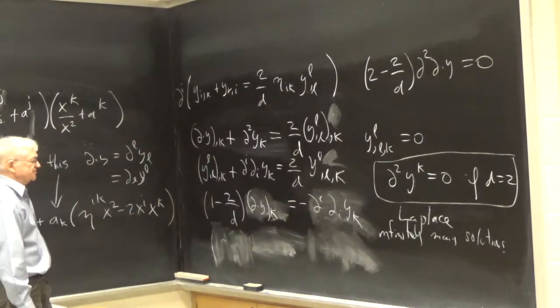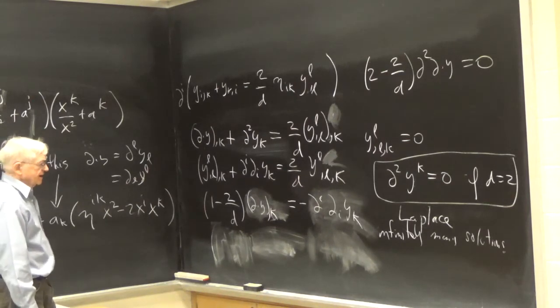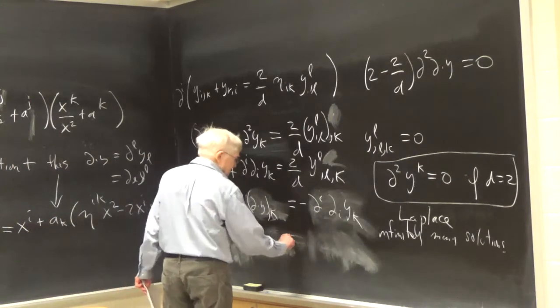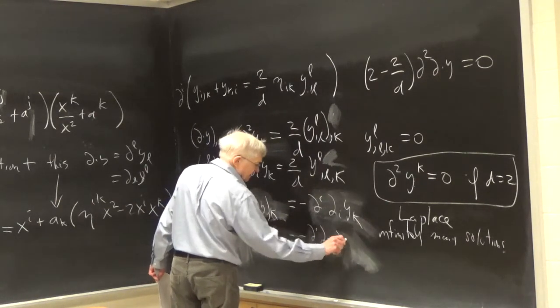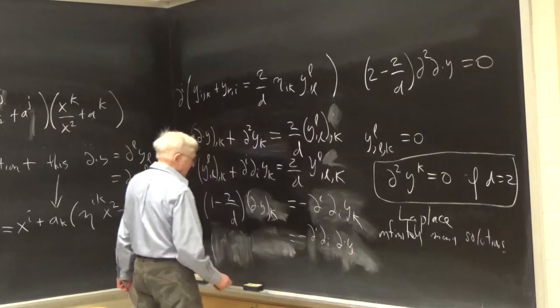Oh, but you could differentiate again. If you differentiate again with respect to y_k, then what you've got here is minus del_i del dot y.